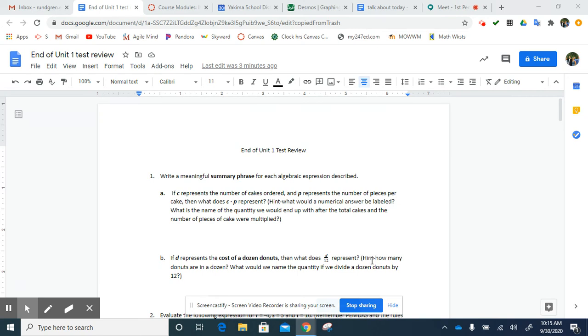And then it says, and P represents the number of pieces per cake. So let's write down P equals pieces per cake.